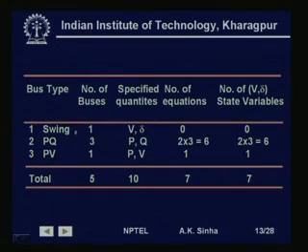We need to write 3 into 2, that is 2 equations for each bus, that is the Pi and Qi equations in terms of V and delta and Y for each bus. So, we have 3 buses like this. So, we have total of 6 equations, and how many number of state variables we need to find for these buses? We have V and delta to be found for each of these 3 buses. So, we have 6 state variables which we need to find.